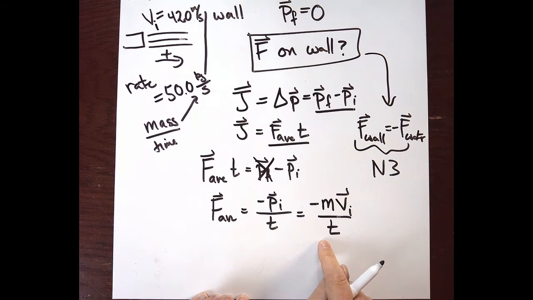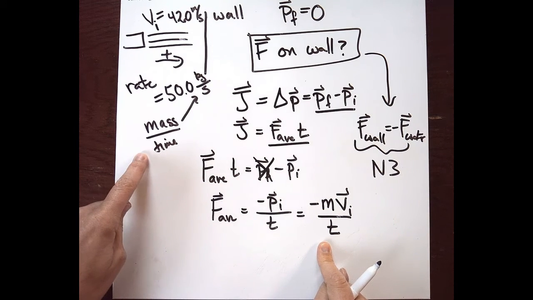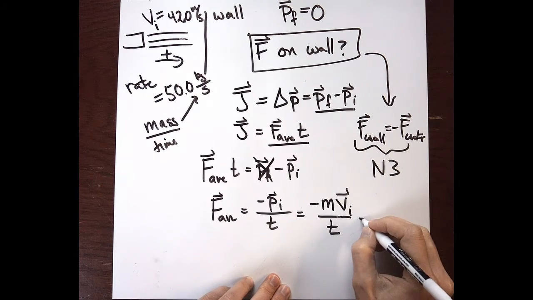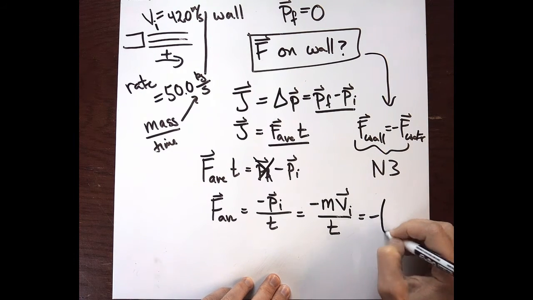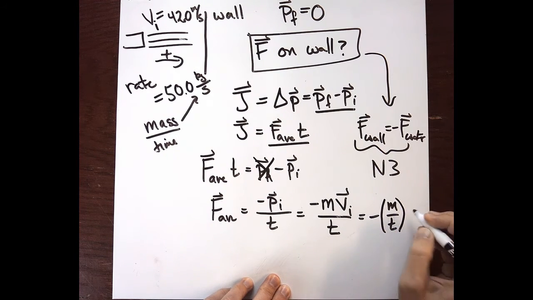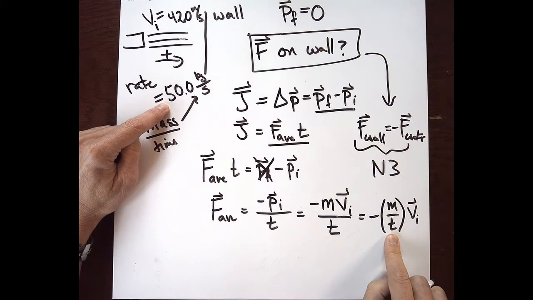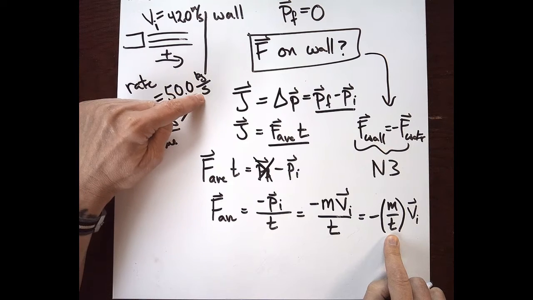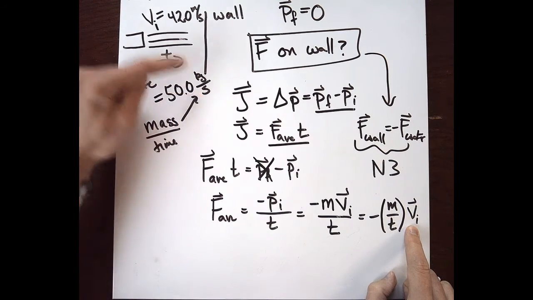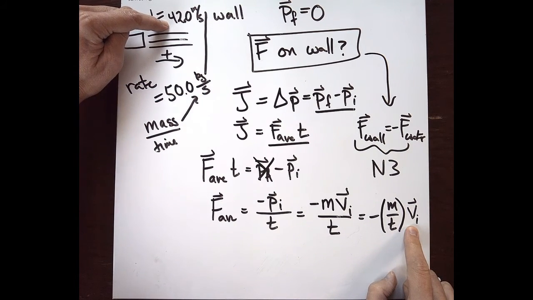We need mass over time, which, look, we got it. So we just need to change how we're thinking about this. Don't think of mass and time as separate. Think of it as mass over time times the initial velocity, and we got it all set. This guy, mass over time, is 50 kilograms per second. This guy is positive 42 meters per second.